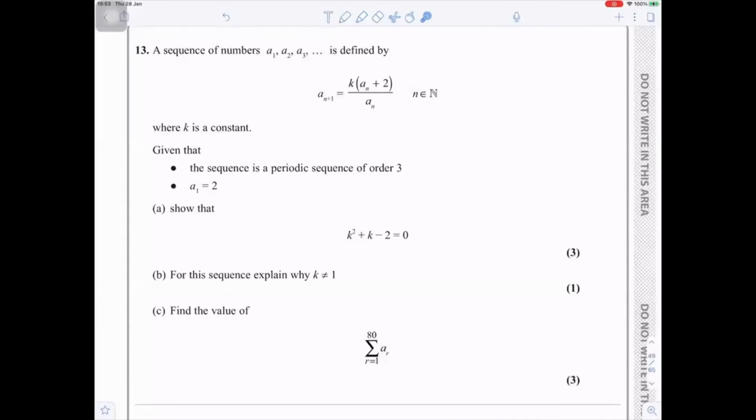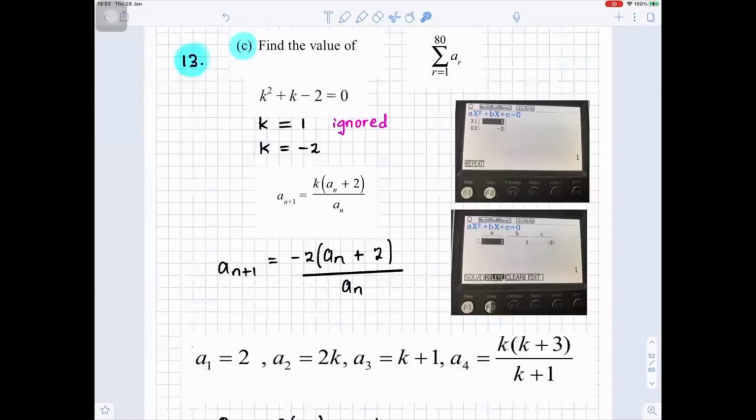Question 13. Find the value of the sum of r equals 1 to 80 of a_r. So what we want to do is solve this quadratic, K squared plus K minus 2 equals 0. And we've accepted that K cannot be equal to 1. So we ignore this first answer and we want to use K equals minus 2.